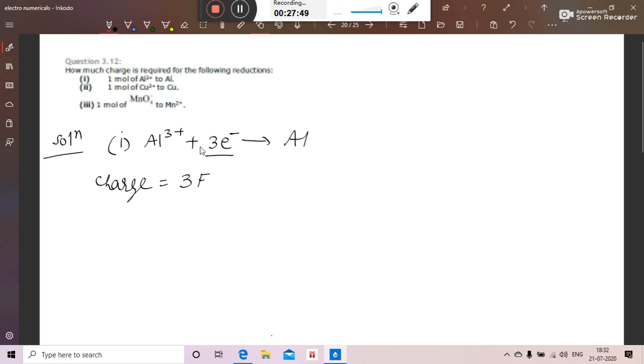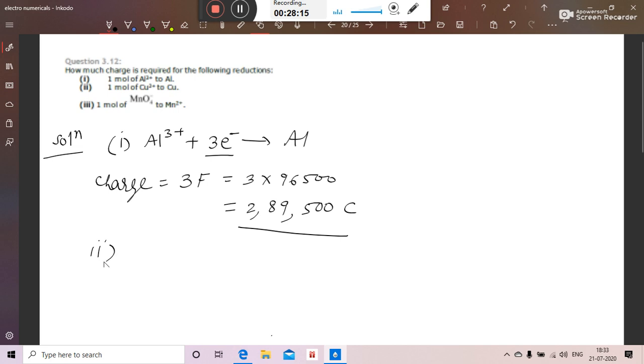If we convert it into Coulomb, that will be 3 into 96500, since 1 Faraday is 96500, which comes out as 2,89,500 Coulomb. That is our first answer.